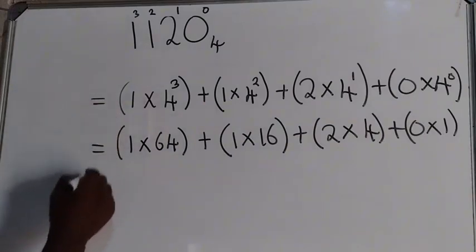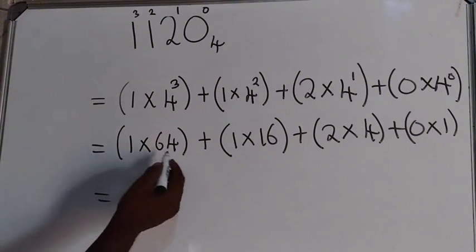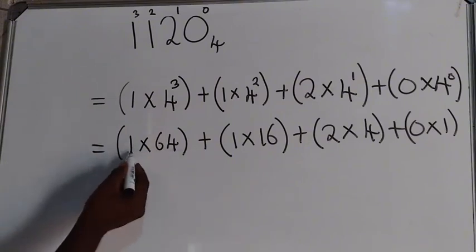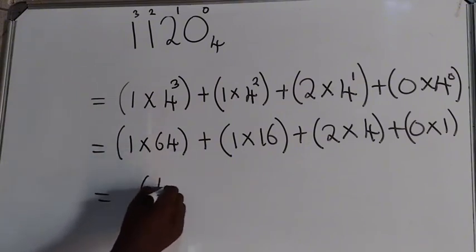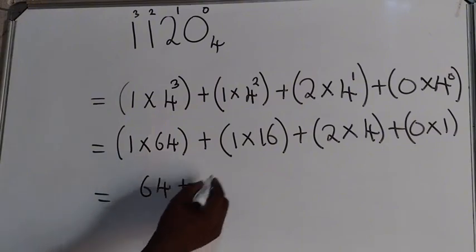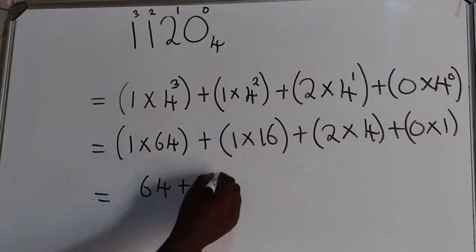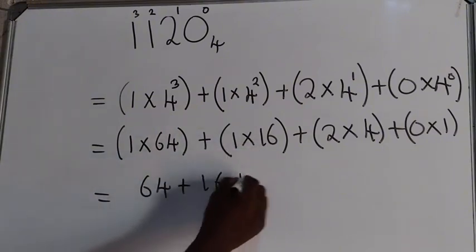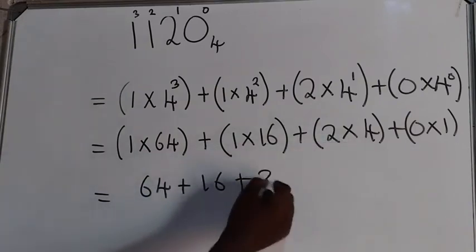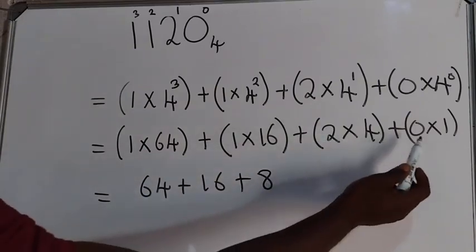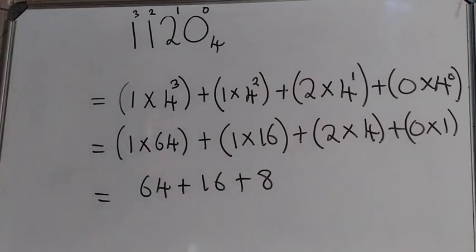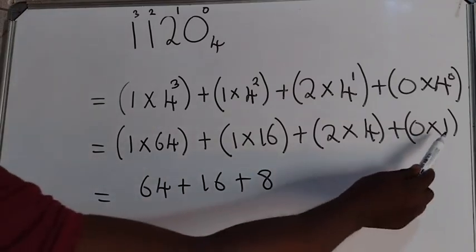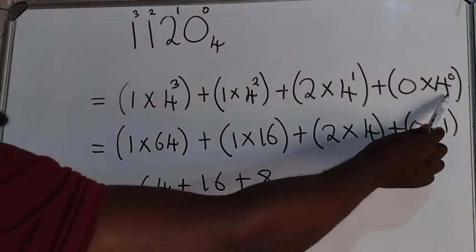From there, let's find the product of these values. 1 times 64 gives us 64, plus 1 times 16, 16, plus 2 times 4, it's 8, plus 0 times 1, definitely 0. In case you are wondering where the 1 came from, it was 4 raised to the power of 0.